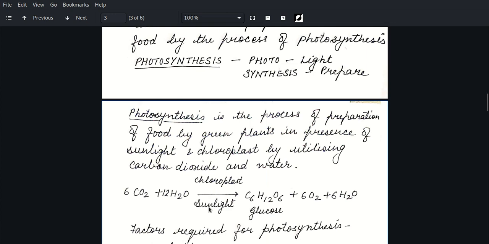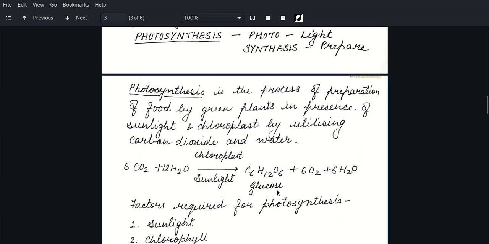In presence of sunlight means solar energy, carbon dioxide and water is combined in chloroplast and form food in form of glucose, and the byproduct released is oxygen along with water. So this whole equation shows the process of photosynthesis.